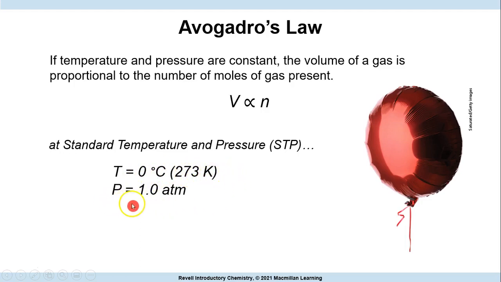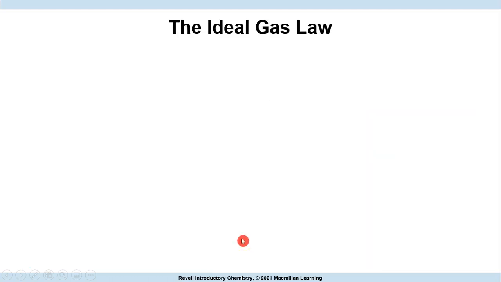The pressure is 1 atmosphere, and we know that at standard temperature and pressure, 1 mole of a gas will occupy a volume of 22.4 liters. It doesn't matter which gas it is. The identity of the gas doesn't matter. So long as we have 1 mole, it will occupy a volume of 22.4 liters.